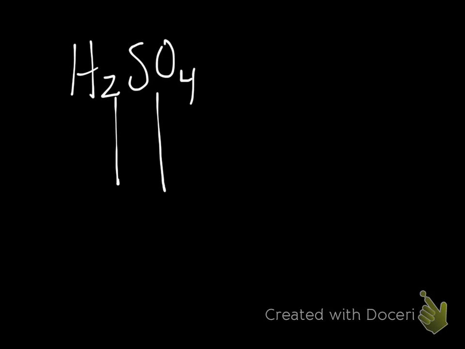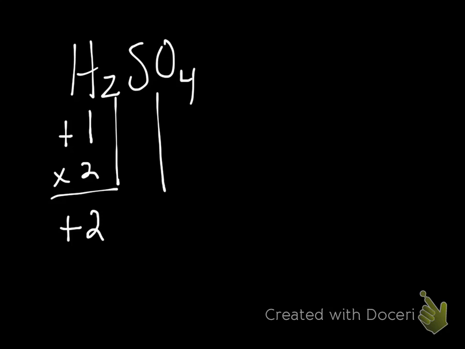Well, are sulfur and oxygen more electronegative than hydrogen? Yeah, they are. Oxygen's pretty darn electronegative, so is sulfur. So this would be +1, and we have 2 of them. So there we've got a +2. Now there's a rule about oxygen as well.